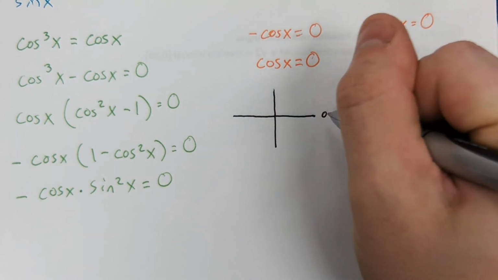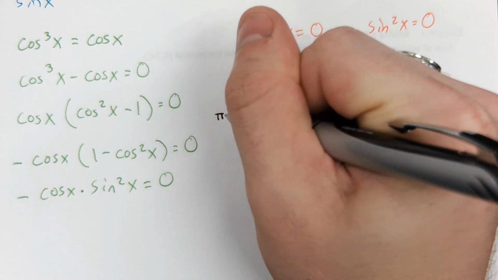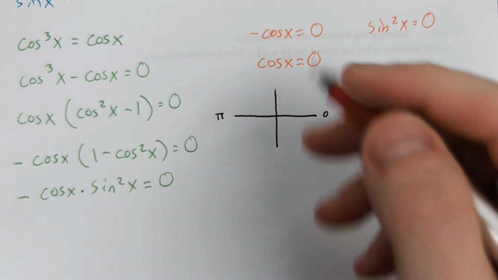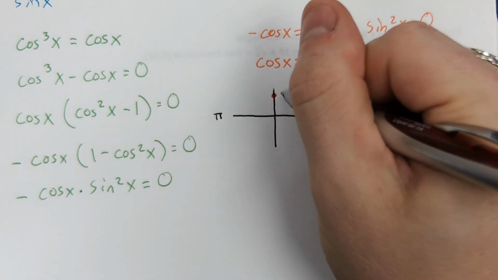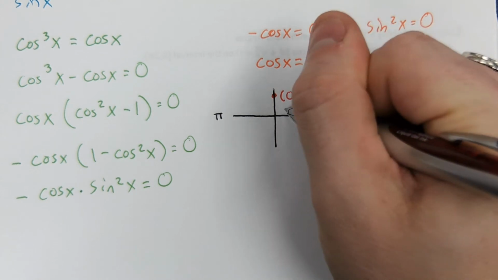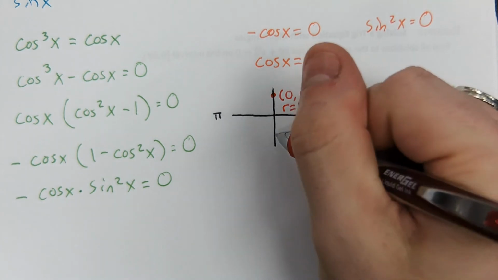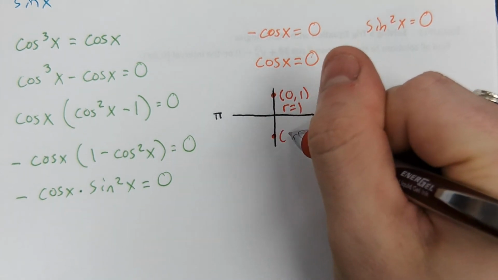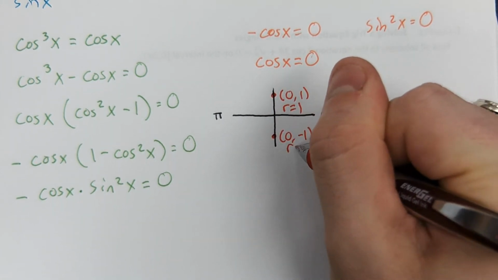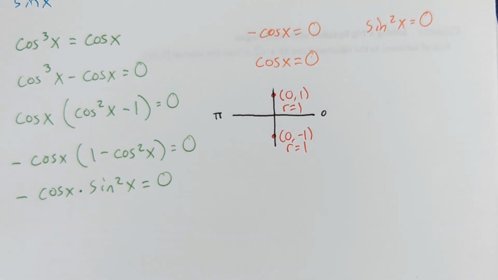Where do I find x being equal to 0? The y-axis. Right here, I have a coordinate of 0, 1 with a radius of 1. So x over r there is 0 over 1. And right here, I have the coordinate 0, -1 with a radius of 1. So our x over r there is 0 over 1. At those two places, cosine of x is equal to 0.